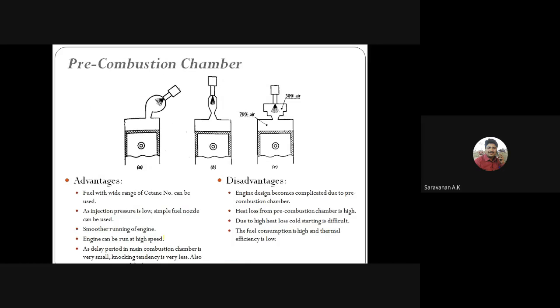Then the second one is the pre-combustion chamber. In the working of the diesel engine, I already told that the pre-combustion will be used. So why the small additional chamber? It is the additional chamber, right?